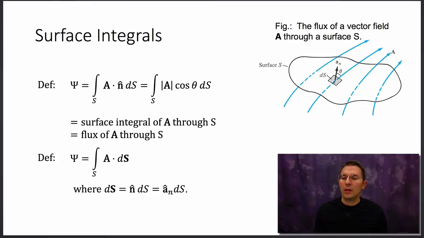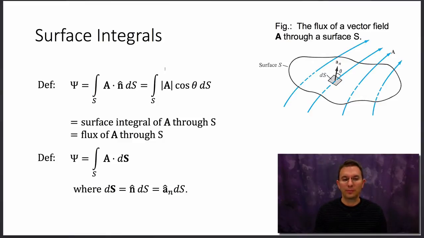And similarly, at every point in the surface, you can define a little differential area, a little tiny differential surface area at that point. The flux of A through S, the flux of a vector field A through this surface S, is defined as the integral of A dot n hat, or A dot A sub n, ds.